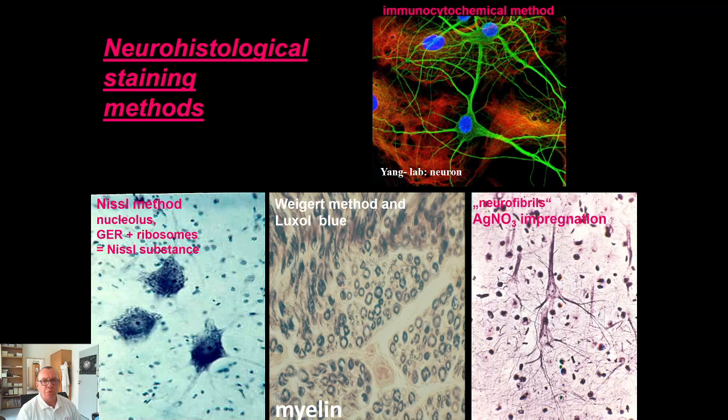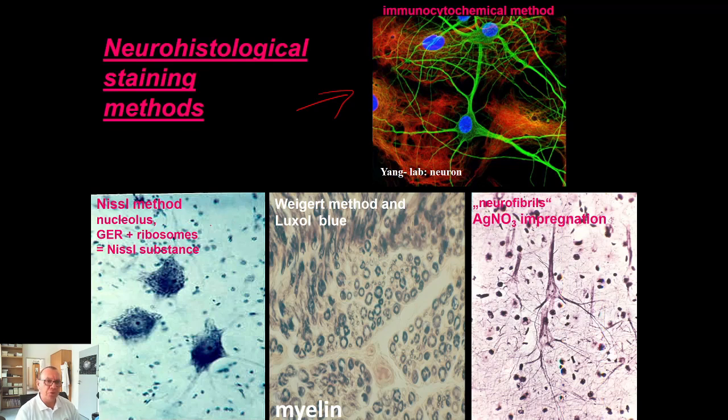Probably the most modern are various immunocytochemical or immunohistochemical methods. In this picture upstairs there is a fluorescent labeling of the antibodies, and we can see very well the shape of a neuron and their contacts.